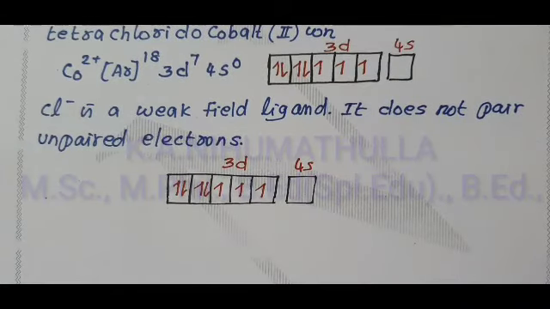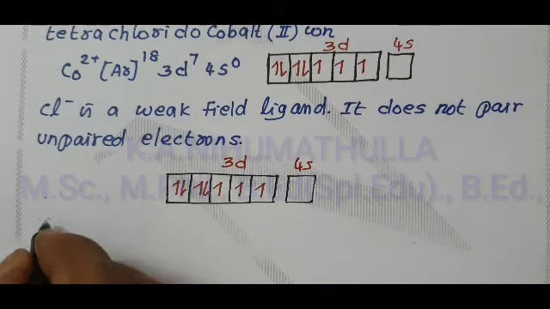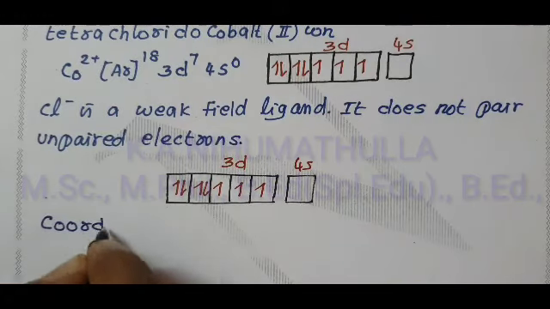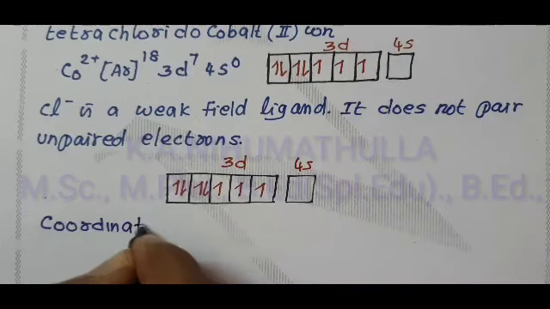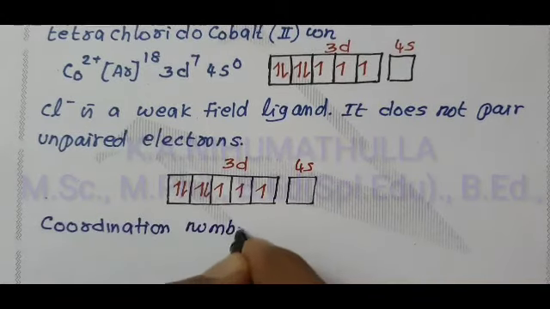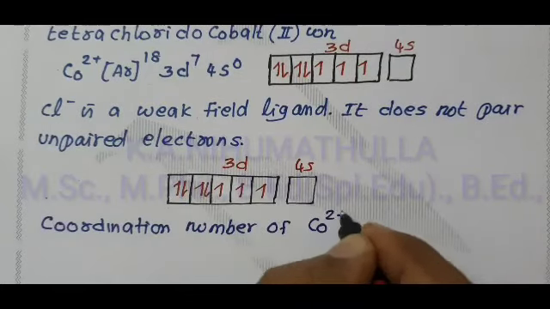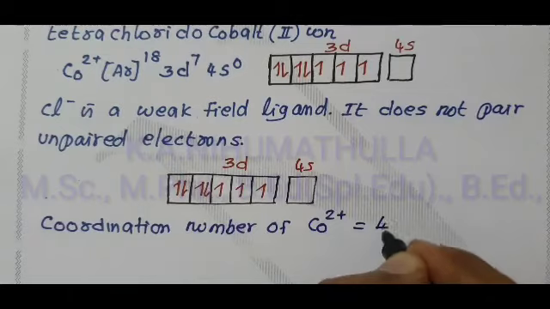Now, what is the coordination number of cobalt 2+ in this complex? What is meant by coordination number? The number of chemical bonds formed between the central metal ion and the ligands is the coordination number.